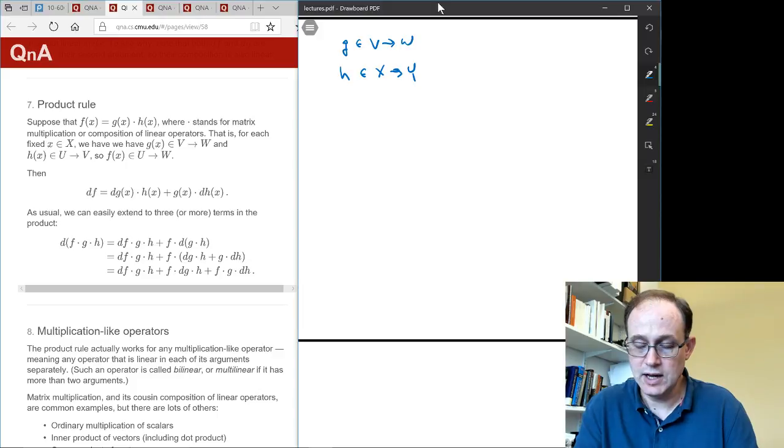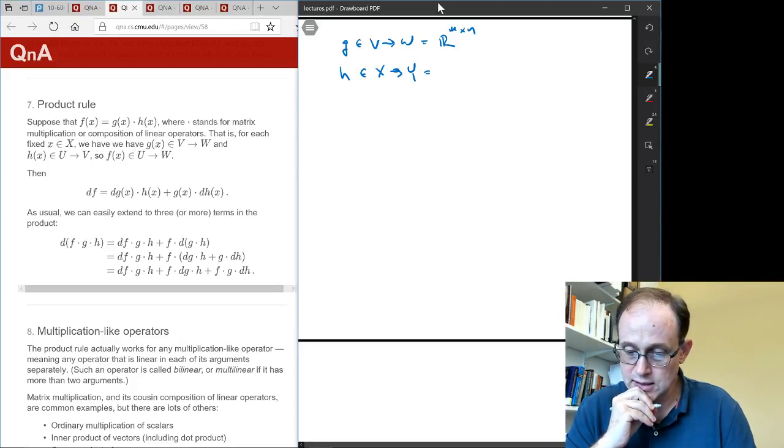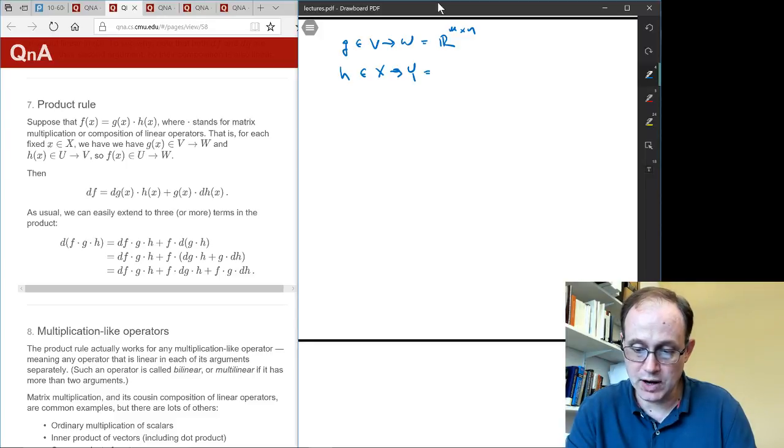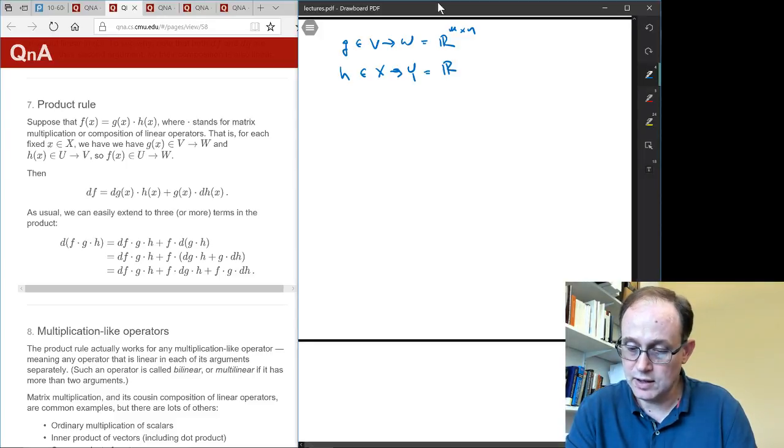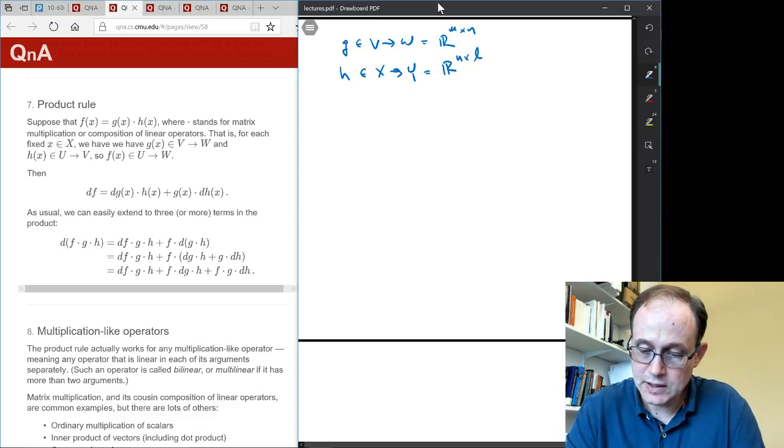And let's say as well that w is equal to R^(m by n), and y is equal to something that you can multiply with R^(m by n), so let's make that R^(n by l). Okay, so now the expression g of x multiplied by h of y.